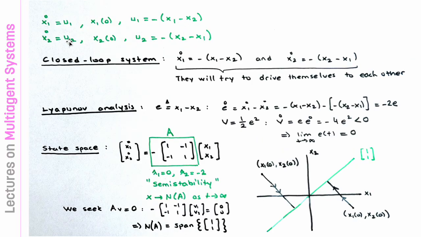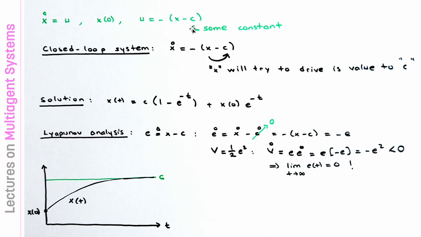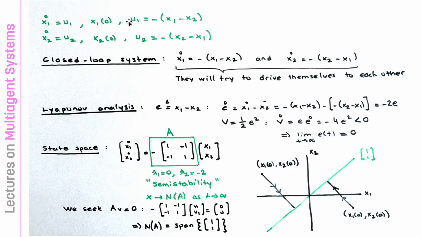Now, I will consider two agents, but we don't have external commands like c. Instead of having an x minus c type of structure, here we have two control laws. The first agent tries to drive its state to the second agent, think of it as the command to this system, but right now it is no longer a constant command, it's the state of the second agent.